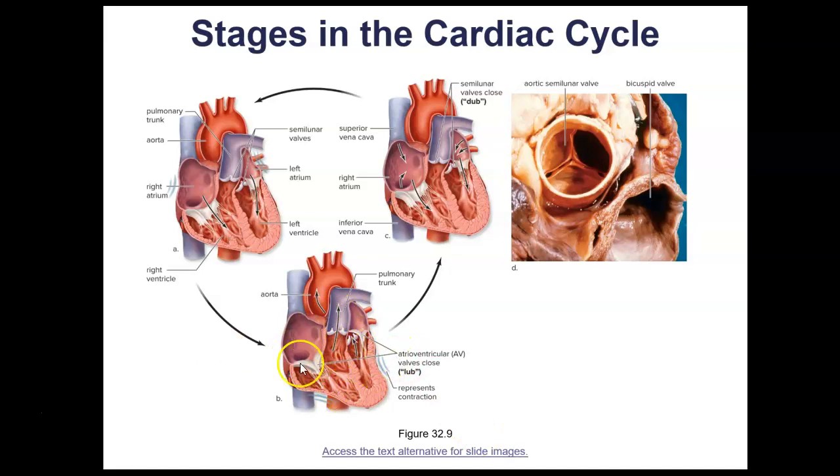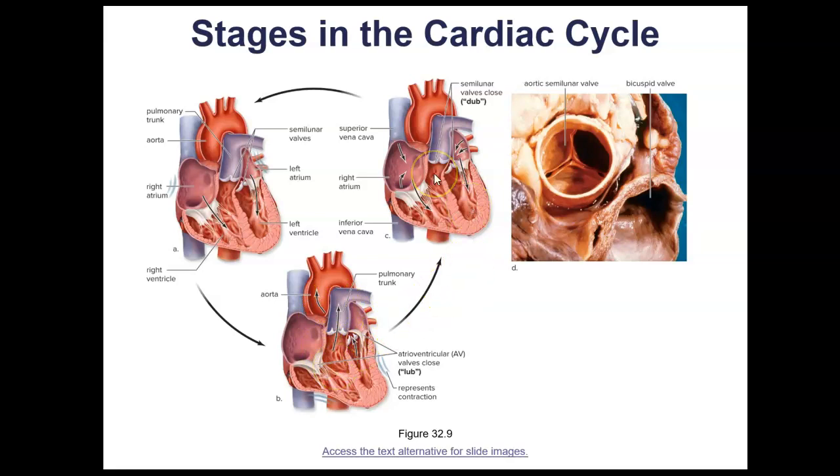So then in stage B, the AV valves are going to close and the semilunar valves are going to open so that the ventricles can pump blood out. The right ventricle pumps blood out the pulmonary trunk, and the left ventricle pumps blood out the aorta. So that's going to be the systole stage, the contraction stage.